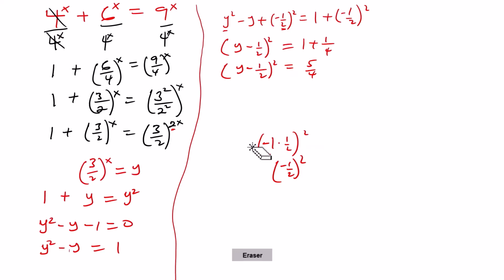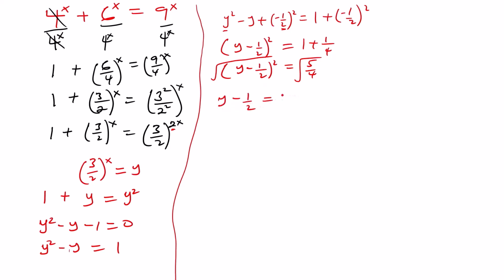So we can take the square root on both sides. So we have y minus half equals plus or minus the square root of 5 over 4. The square root of the denominator is 2. So we have y equals half plus or minus root 5 over 2.